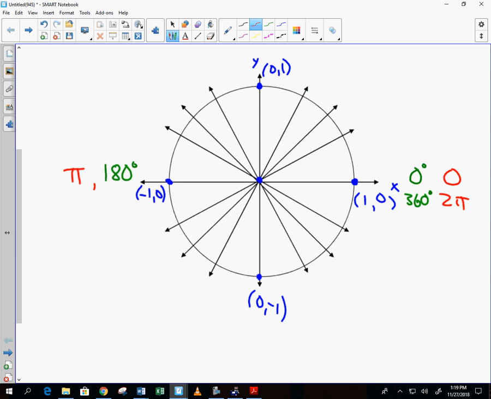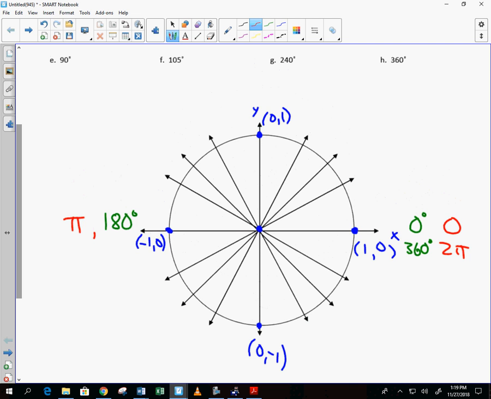Okay, let's start to build the rest of them. You guys look like you're catching on. Suppose I divide it in half and I go to 90 degrees. How many radians would there be? Half of a pi. And we write that as pi over 2. Are you okay with that?